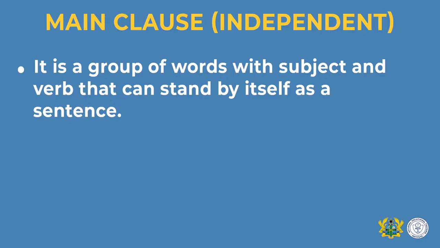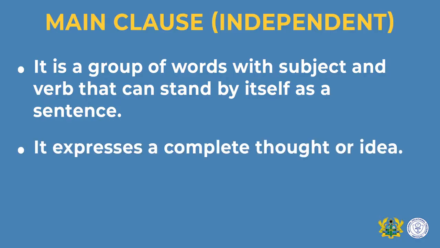What we are saying is that for a clause to be a main clause, then it's possibly a sentence because it makes sense. In other words, we say it expresses a complete thought. It makes meaning. It's understandable.